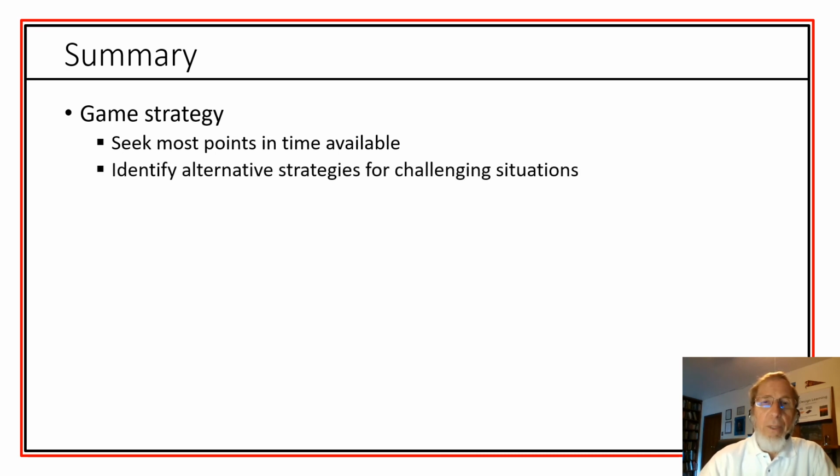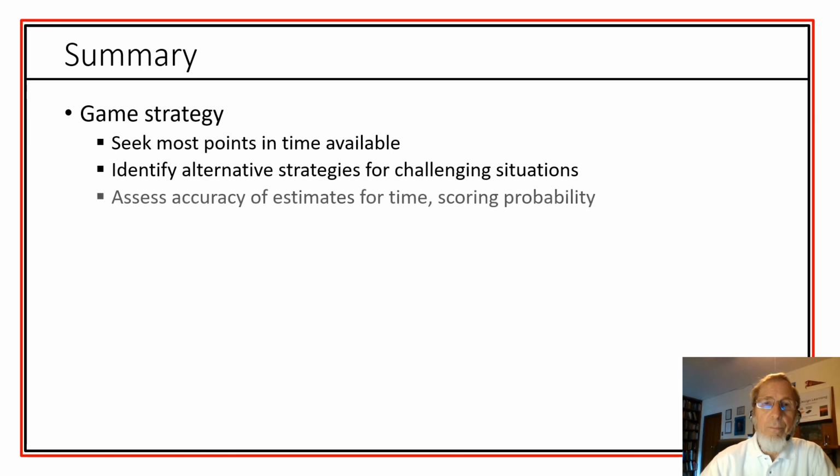We need to identify alternative strategies for limiting conditions that are going to occur. We need to assess the accuracy of our estimates so that we know that our strategies are based on good information. Some of this will come by just good guesses, some will come by doing some testing to get good values for scoring success and for time to score and so on.